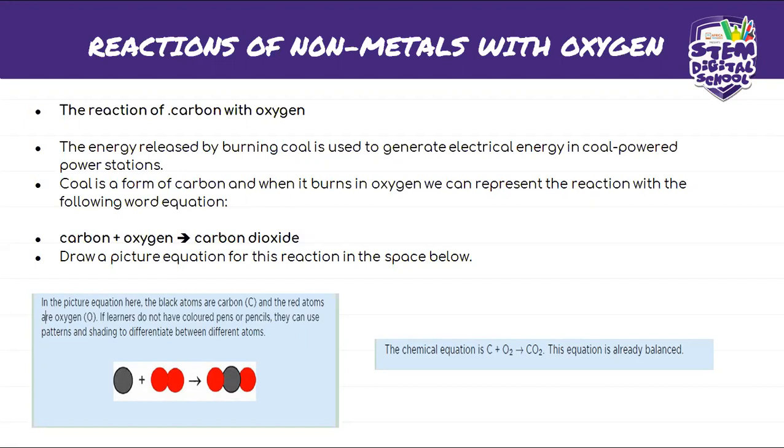Carbon dioxide. This equation is already balanced. On the left-hand side, we have carbon, and on the right-hand side, we also have carbon, but it's 1. Then on the left-hand side, oxygen is 2, and on the right-hand side, oxygen is also 2. So the equation is already balanced.